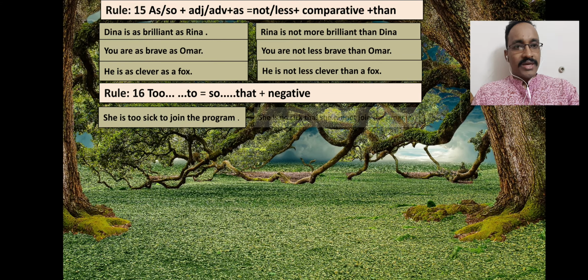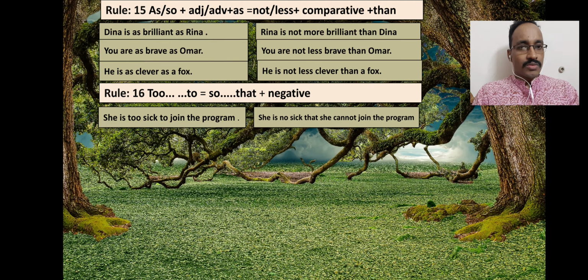Now, how to make it a negative sentence? She is so sick that she cannot join the program. According to the tense, we will use cannot or couldn't, and then it will become a negative sentence.